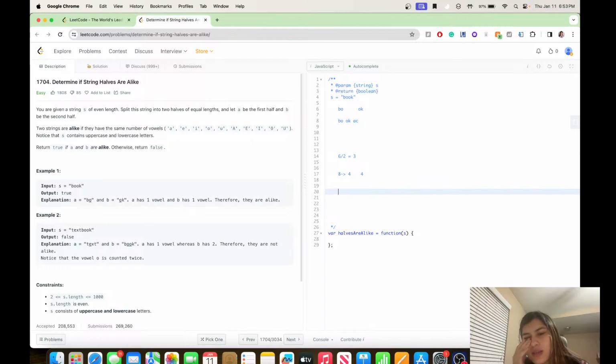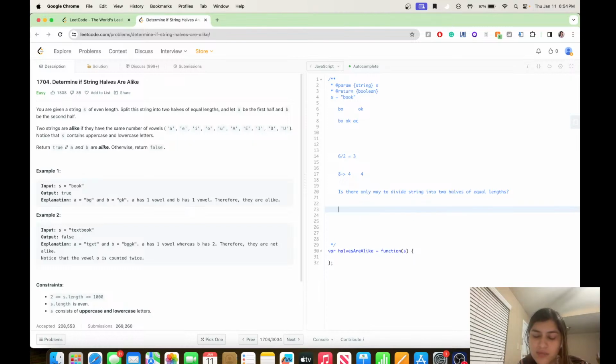What I'm thinking about is, is there only one way to divide the string into two halves of equal lengths? I think so, right? Because to divide any string into two halves of equal lengths, the string length should be even. And if it is even, then I just have to divide it by 2.